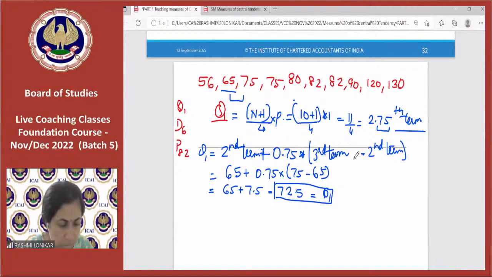Okay, 0.75 into 10, plus 65, 72.5. Okay. Now let us calculate D6.